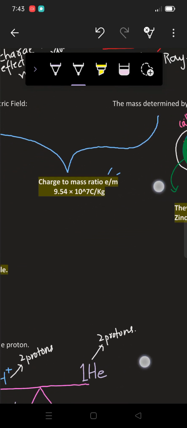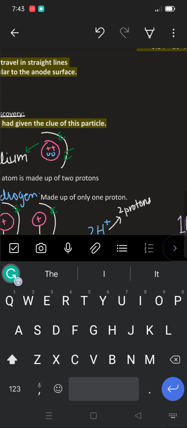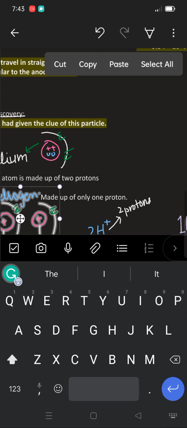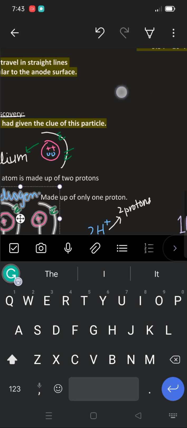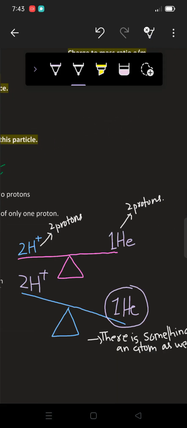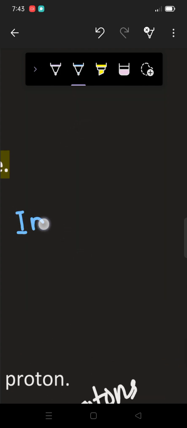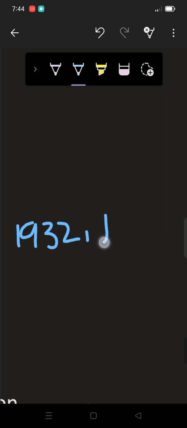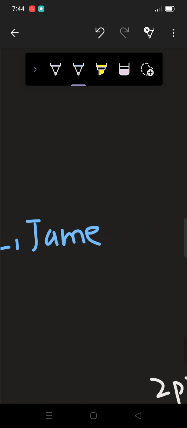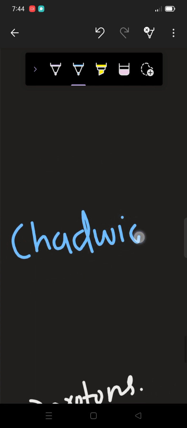Let me write that, it is very important. In 1932, James Chadwick was the scientist who discovered the neutron, right? But the clue was pointed out by Rutherford.